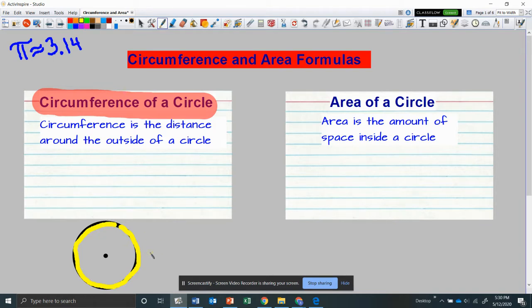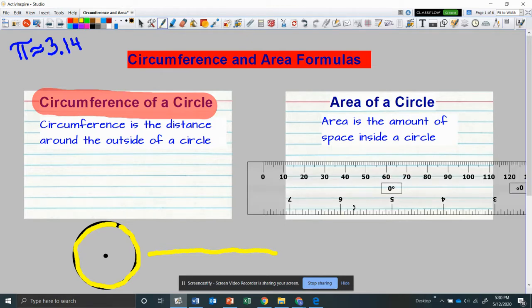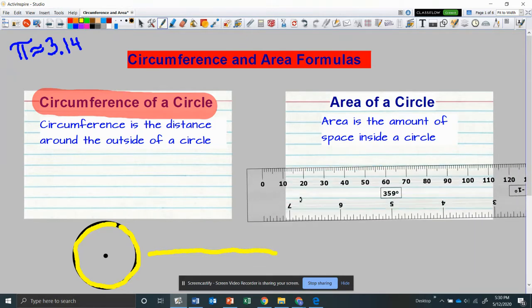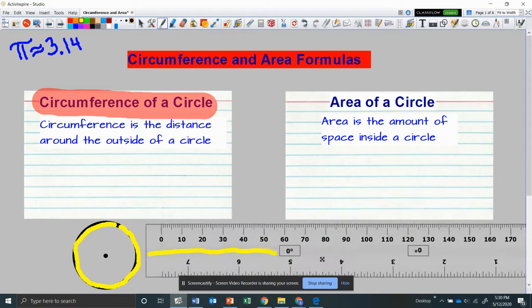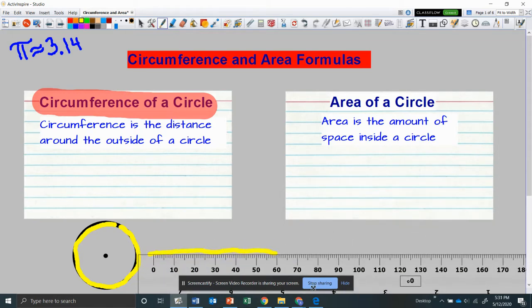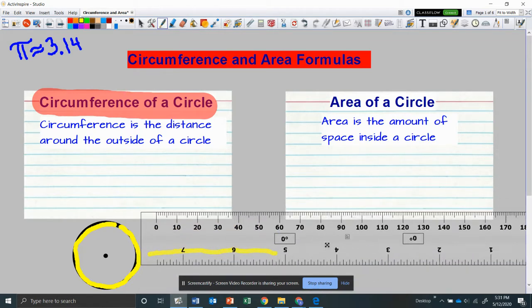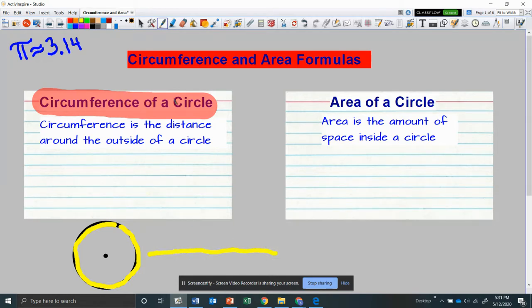If I were to now take that piece of yarn and lay it out straight, and get my ruler, where's my ruler? I know I've got one up here, there it is, and then measure this line, this string, how long would it be? That's kind of what we're looking for here, okay? So that's what we're looking for when we look for circumference.